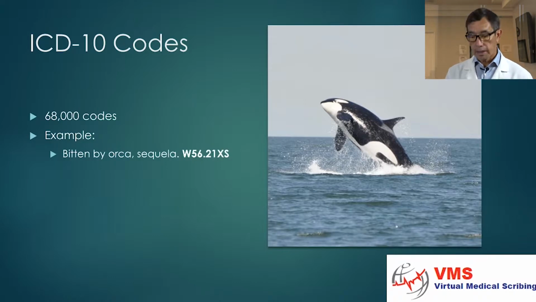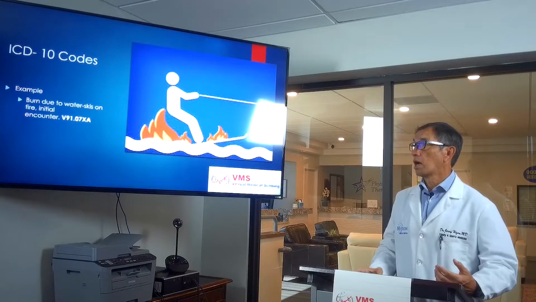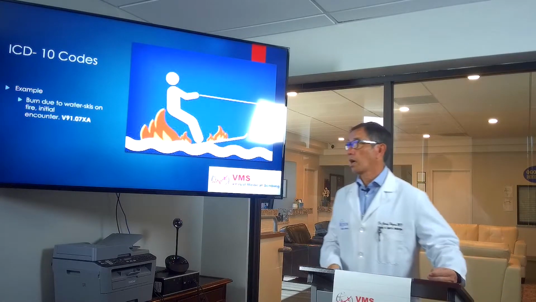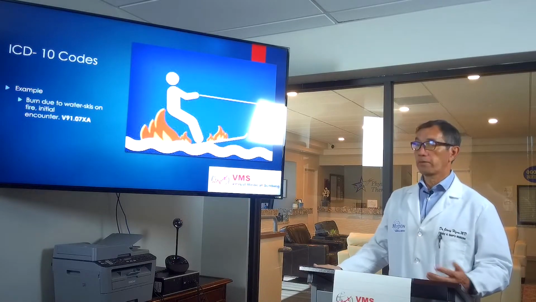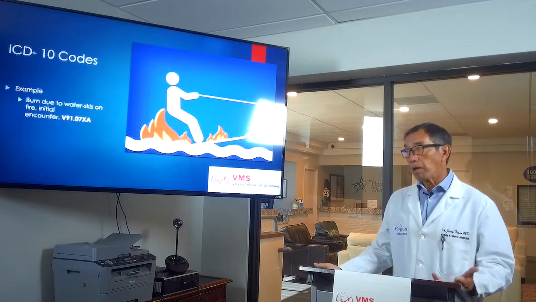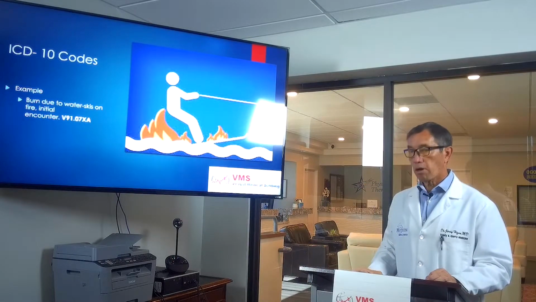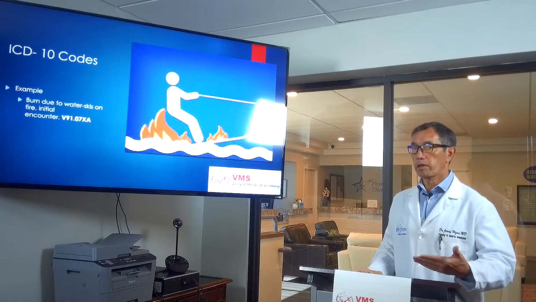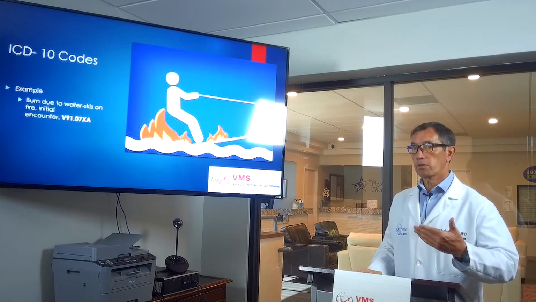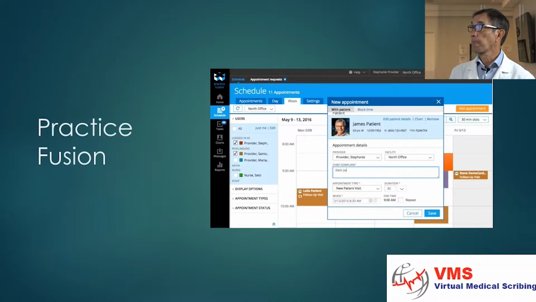But there's 68,000 different codes. Luckily, there's a lot of resources for us to do that. And this is another funny one. You get a burn due to water ski, very rare, but that would be this V91. So there are 68,000 codes. You don't have to memorize each one of them, but know your physician or provider may tell you about them.